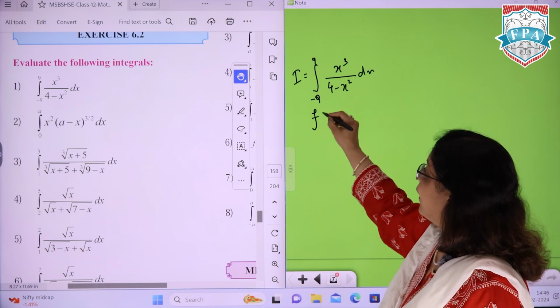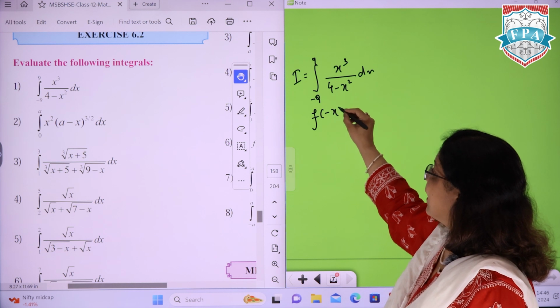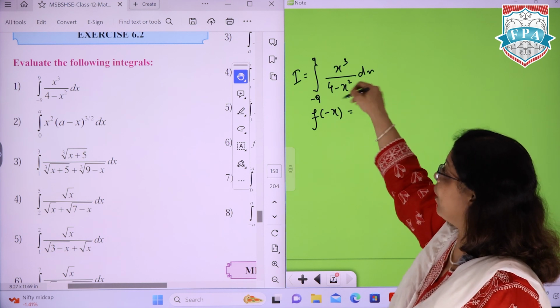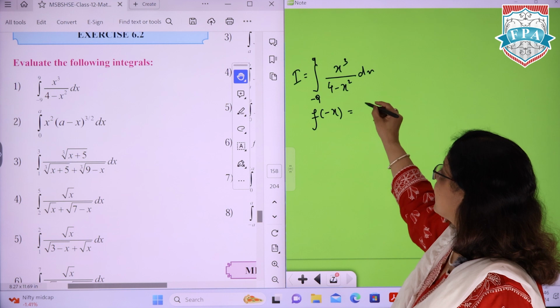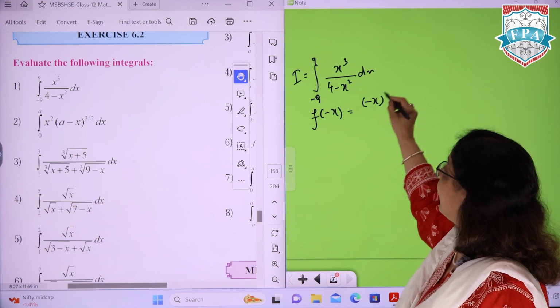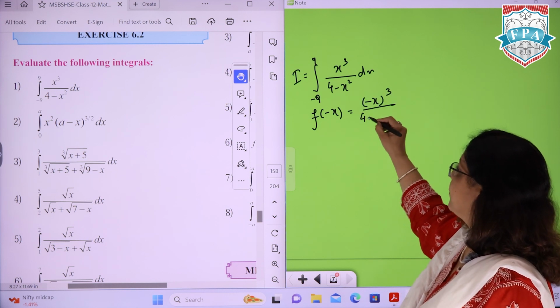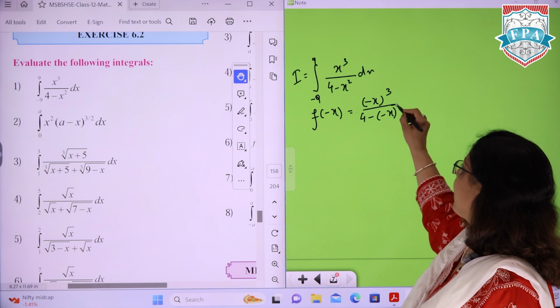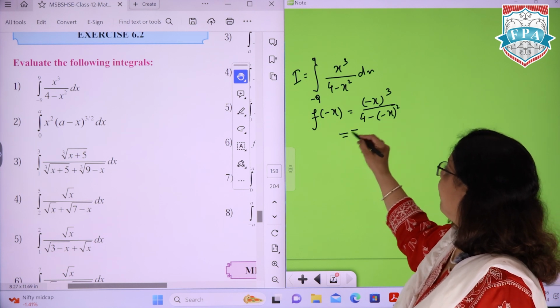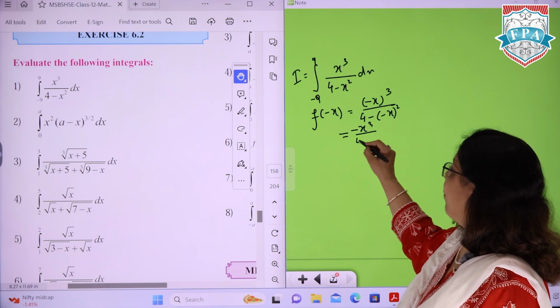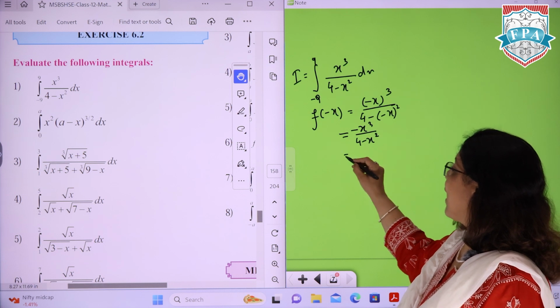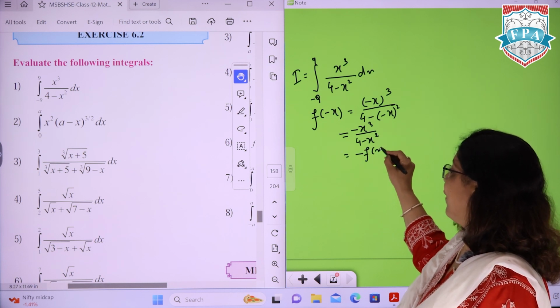So, for that, now this is your f of x, f of minus x, we may replace every x with minus x. So, you are getting minus x cube upon 4 minus x square, which is actually minus of f of x.